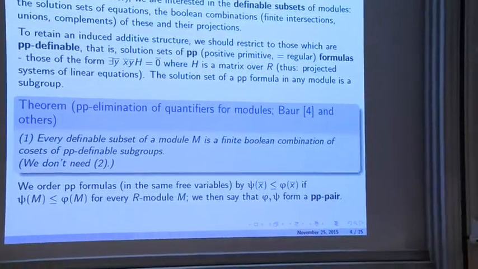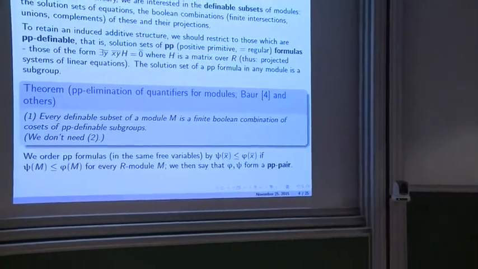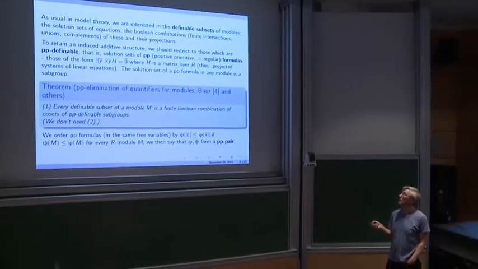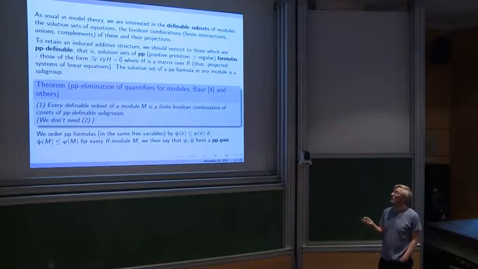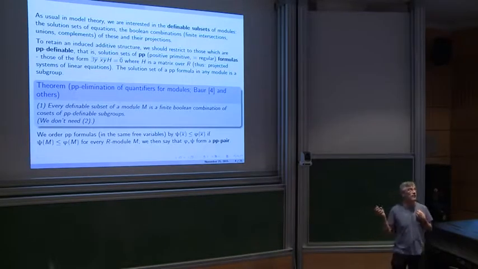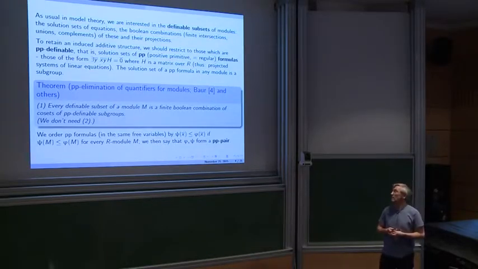And the basic result in the model theory of modules, proved by Baur, is that every definable subset of a module, every subset you can get by not just using this kind of formula but also taking complements and unions, is actually a finite Boolean combination of these PP-definable subsets.